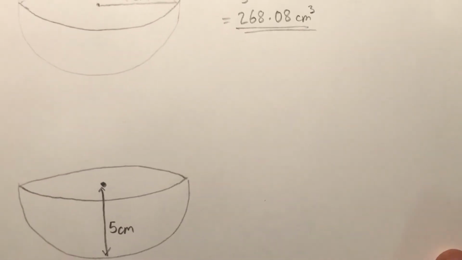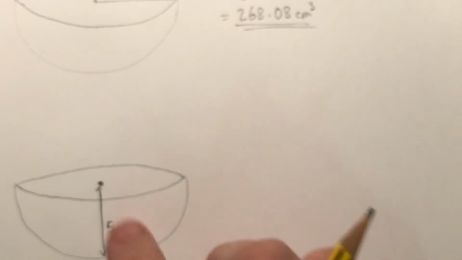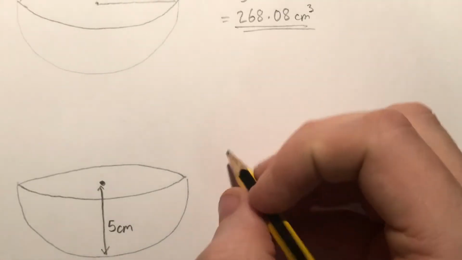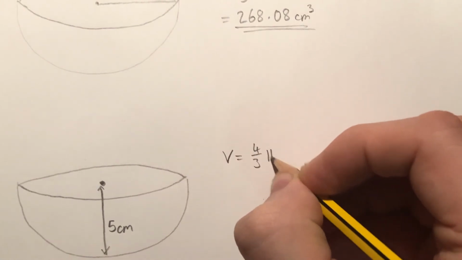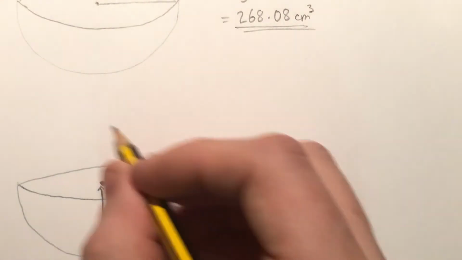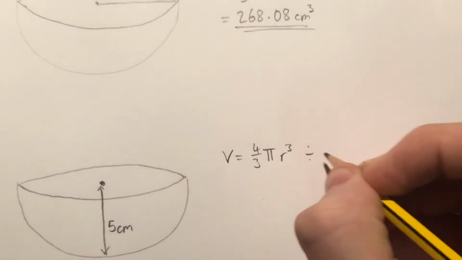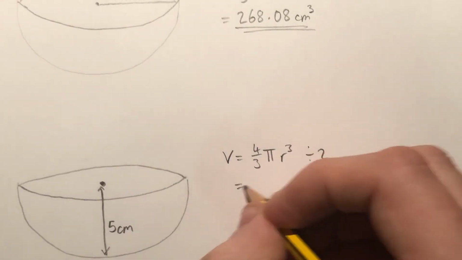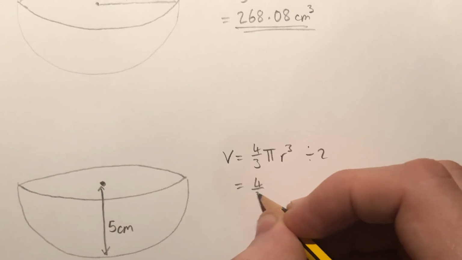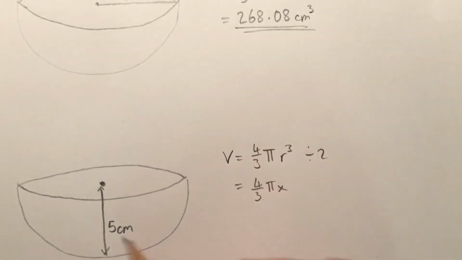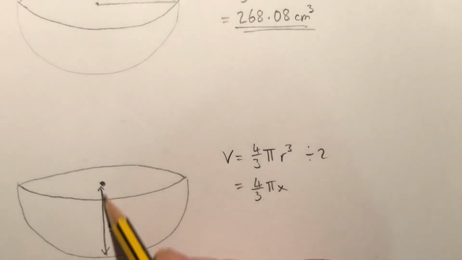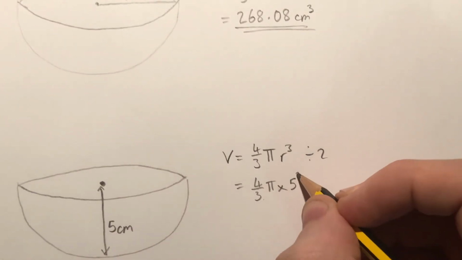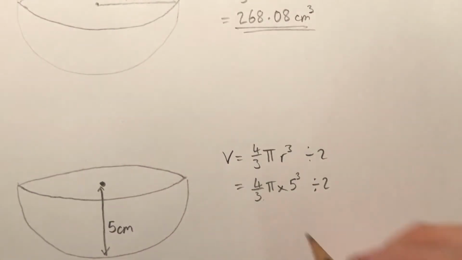This one here, we notice we've got half a sphere, or a hemisphere, okay? So in this one here, we're looking at the same formula again: 4/3 pi r cubed. Now, because it's only half of the sphere, we then have to divide it by 2 at the end as well, okay? So, 4/3 pi times, now I did say before, it doesn't matter whether it's going across the way or going down the way, this is still a radius. It's going from the centre out to the edge. So 5 cubed, remember to halve it because it's only half of the sphere.